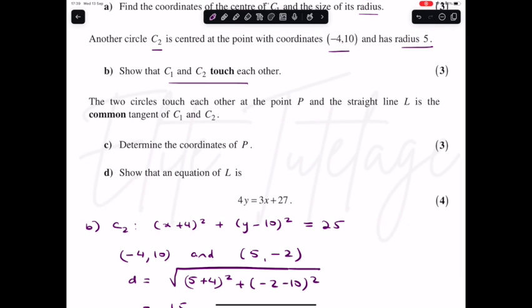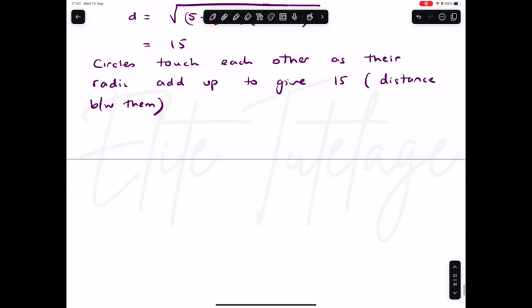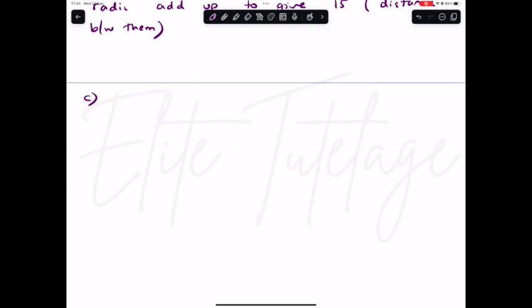Okay, now the next part is where we've got two circles which touch at point P, and the straight line L is a common tangent of C1 and C2. So let's put this in a diagrammatic form. I've got my circle, a smaller circle with the radius 5, and the other one is slightly bigger.